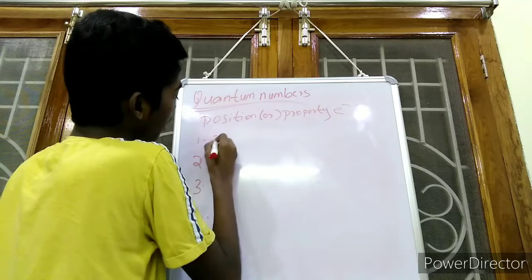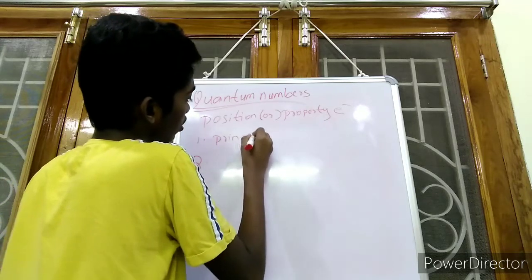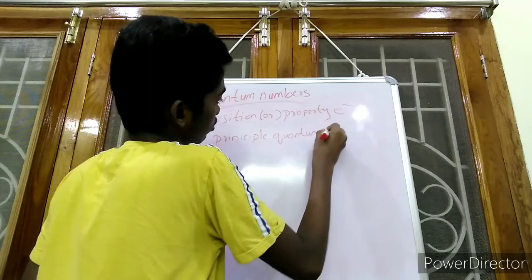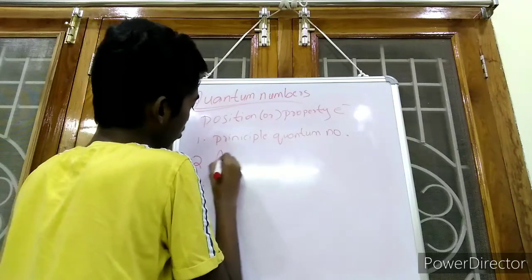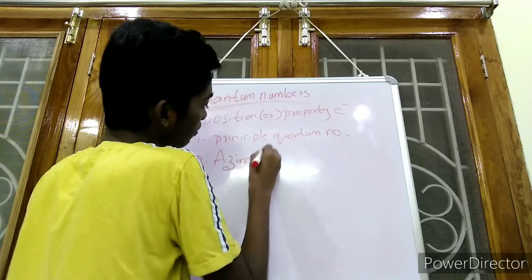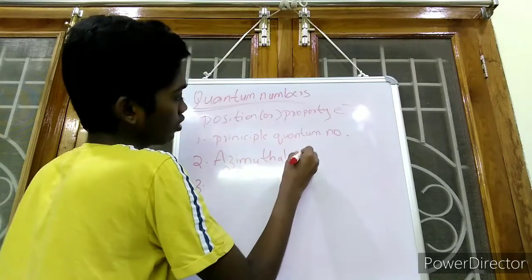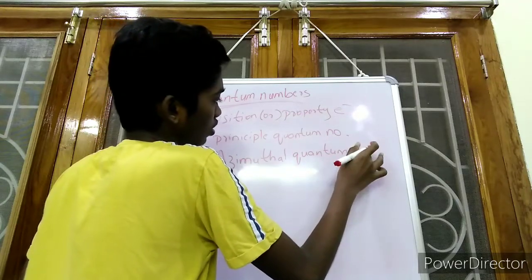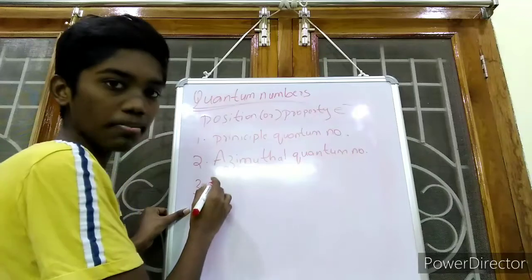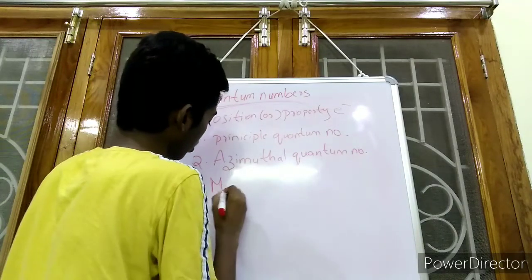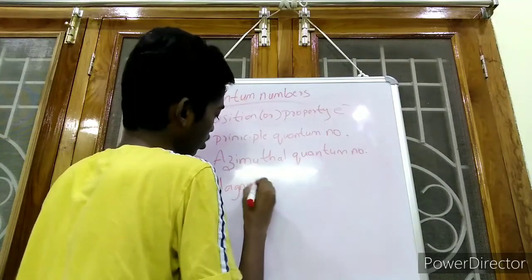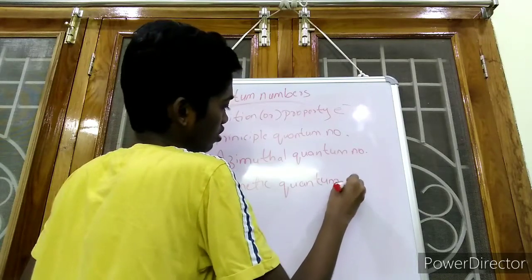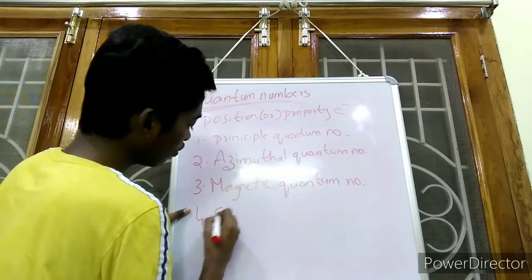Number 1, principal quantum number. Number 2, azimuthal quantum number. Number 3, magnetic quantum number. And number 4, spin quantum number.